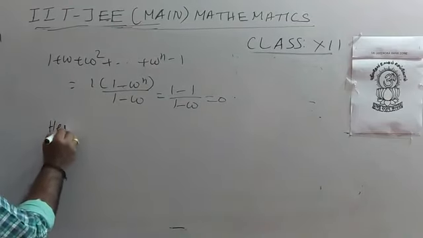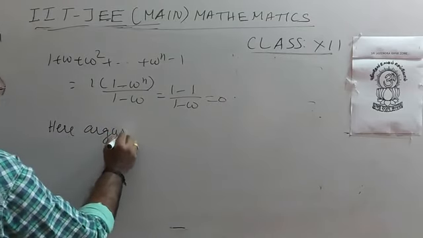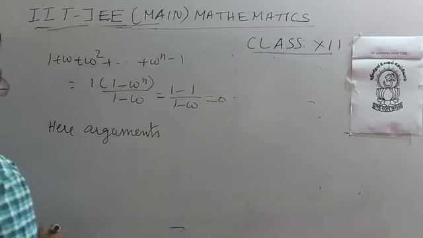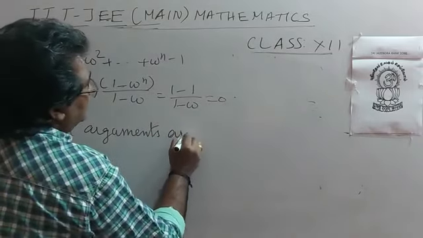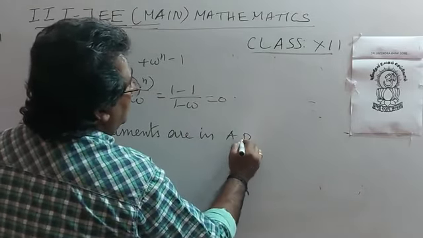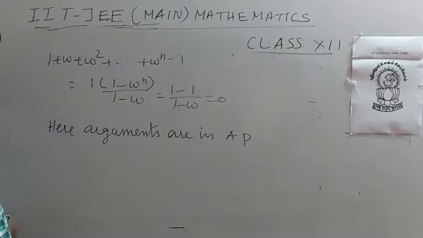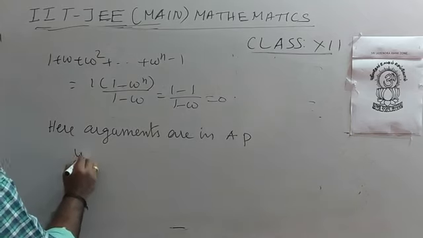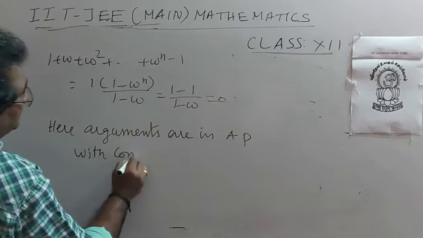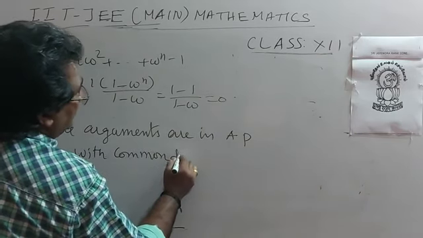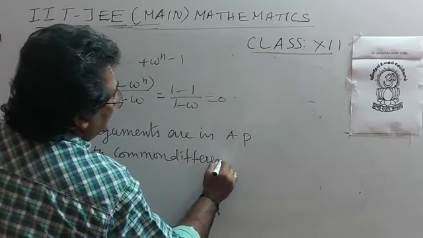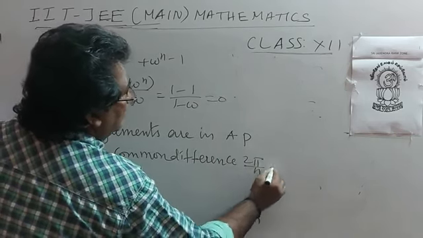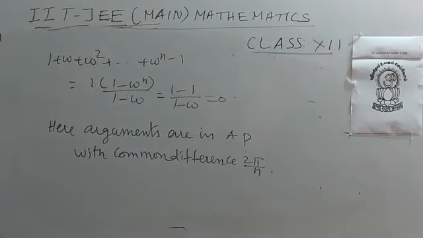Here the arguments are in AP with common difference 2 pi by n.